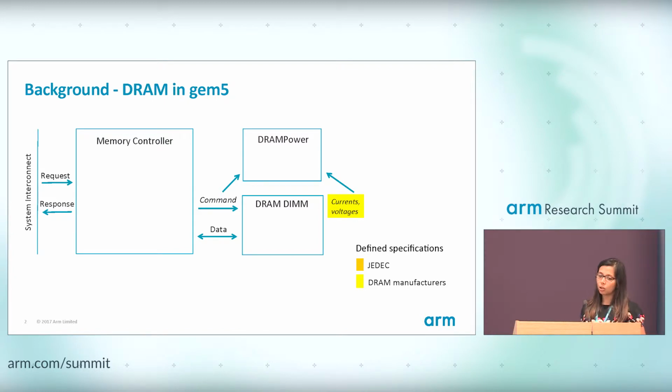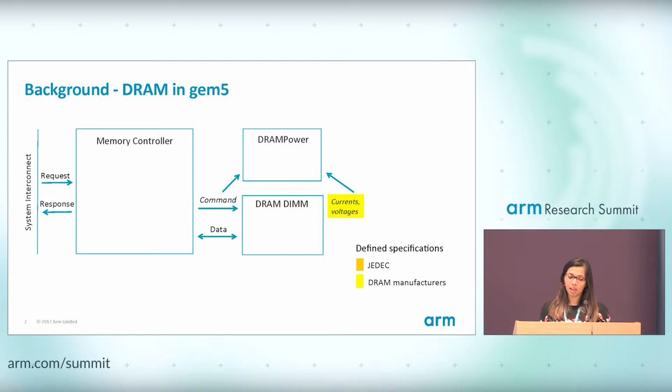Now in gem5, we also have a DRAM power tool that's shown on the very top here. This is a component that is non-invasive but does a lot of useful things for us researchers. It takes as input the command trace with timestamps and calculates the energy consumed by those transactions by plugging in the currents and voltages, which are again specified by DRAM manufacturers.